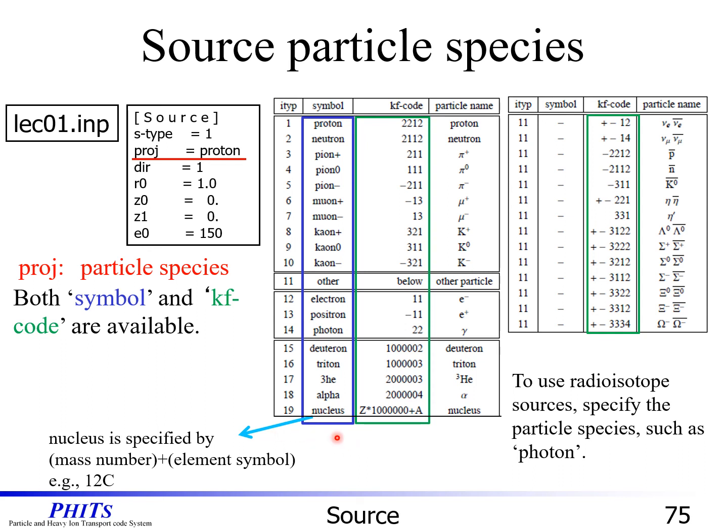A nucleus is specified by mass number and element symbol, for example, 12C for carbon-12 ions. It should be mentioned that when we use radioisotope sources, we have to specify the emitted particle species, such as photon. KF code is a special expression in elementary particle physics. This is not used usually, but we have to use this format, for example, when simulating neutrino transport.